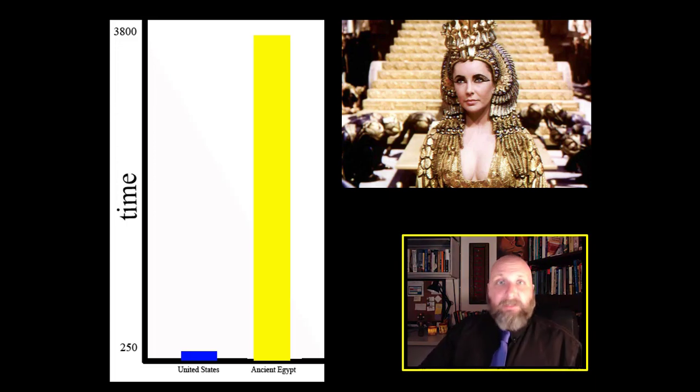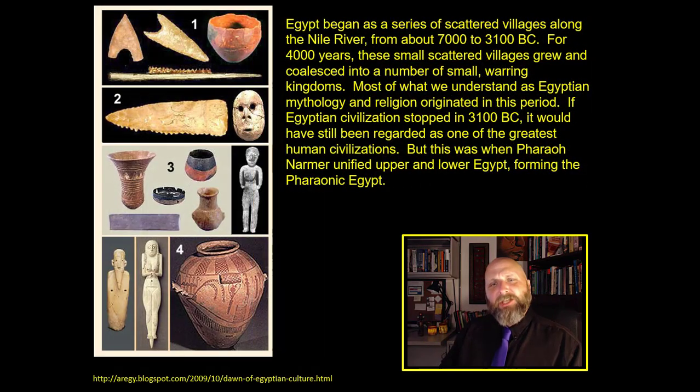By any standard, Egypt was one of the most successful civilizations to have ever existed on our planet. It just is also one that died out 2,000 years ago. And Egypt didn't come from nowhere. Pharaonic Egypt itself has a long pre-Pharaonic civilization that comes before it.